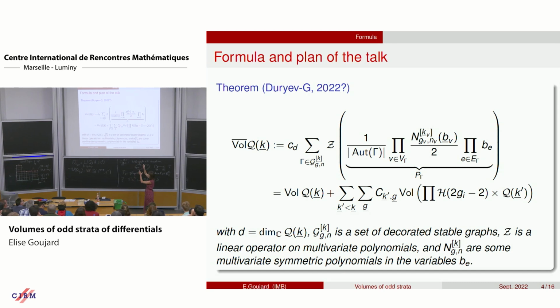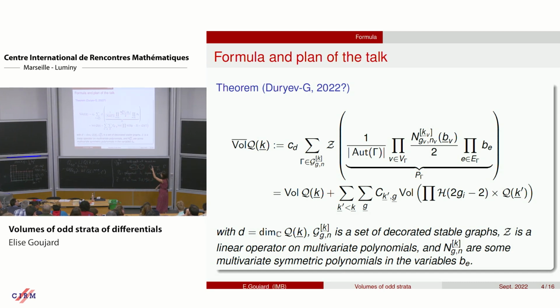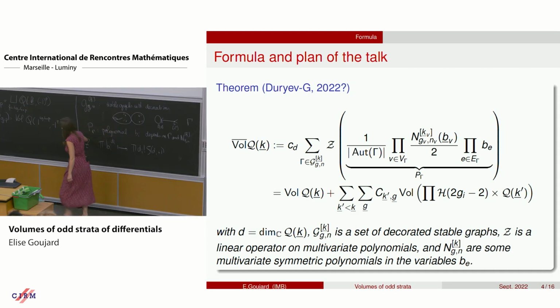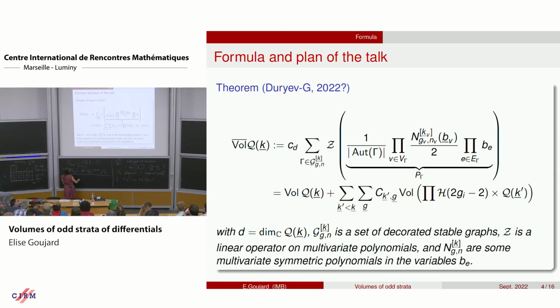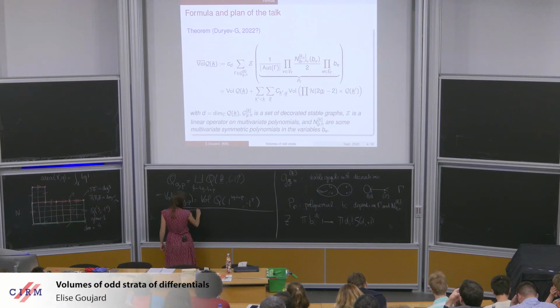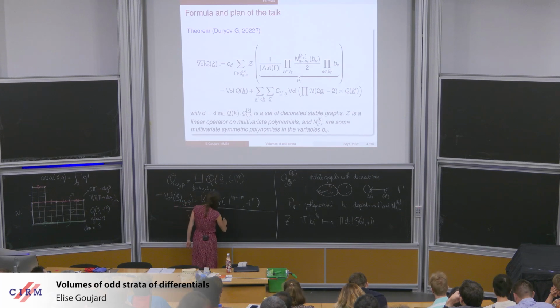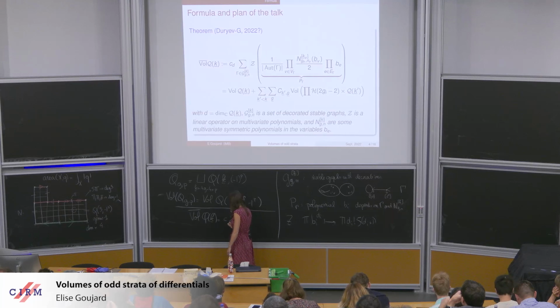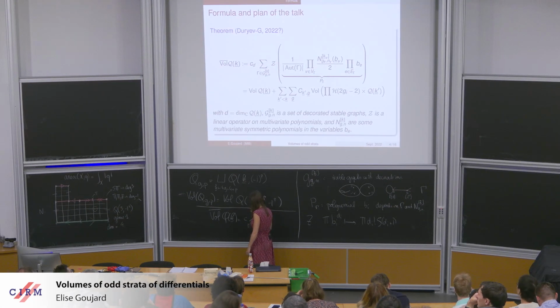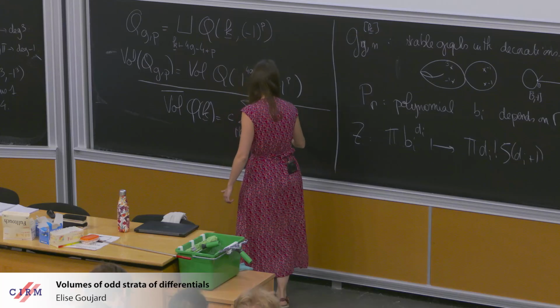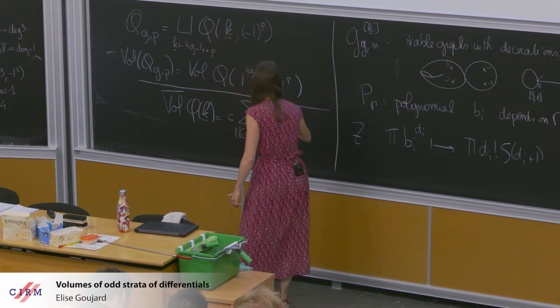I define some quantity to be equal to this sum over stable graph of the, okay, let me just write again this formula here in a more compact way. So this thing, which I call the completed volume of the stratum, is some normalization constant times the sum over all stable graph G and K of some polynomial, and I apply just some linear operator on this polynomial.